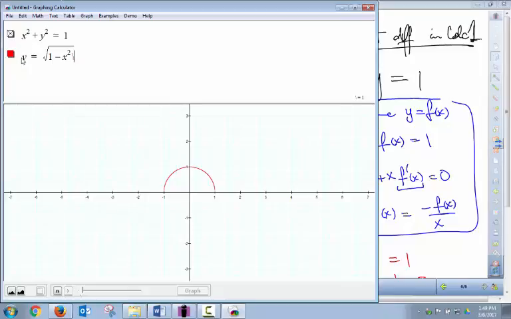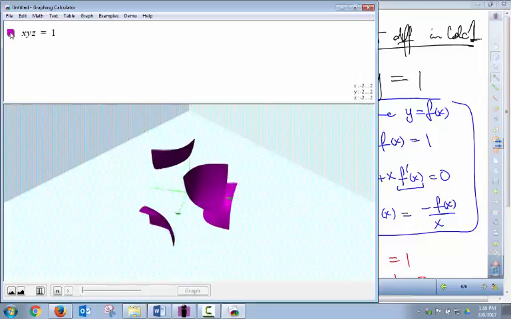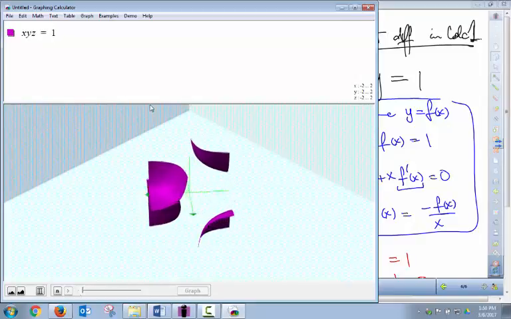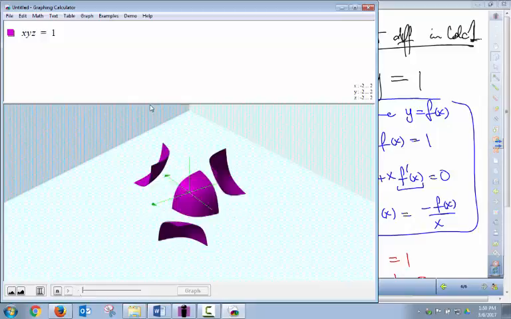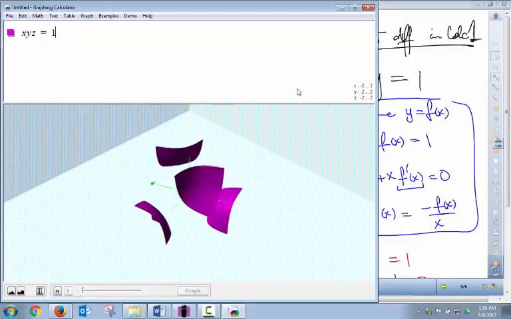So that's the same idea with something like this. Explicitly, it might not be a function, although in this case it is.